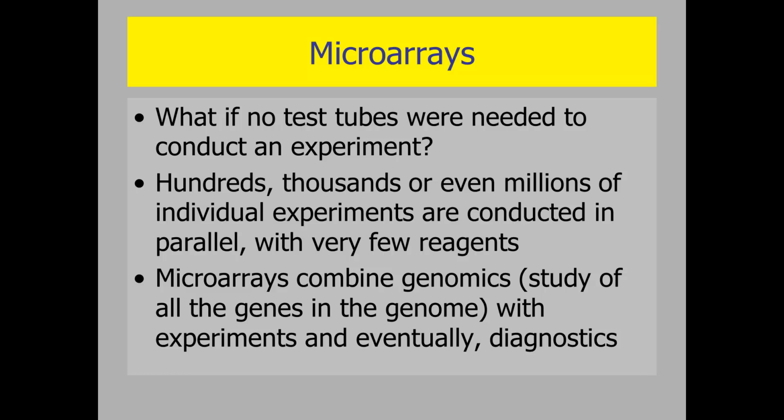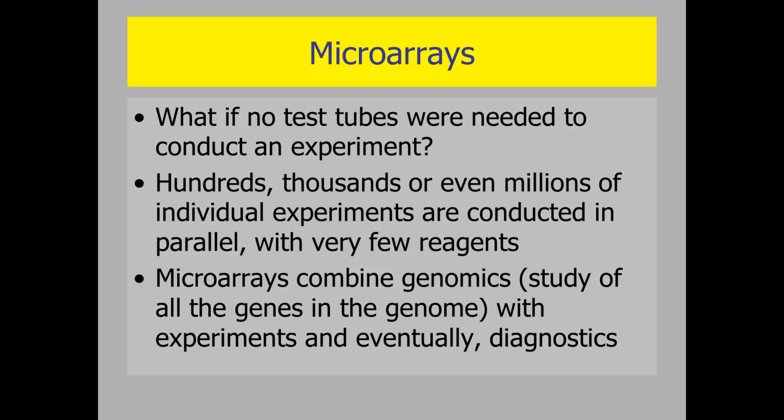One of the tools that has been developed in order to identify novel ways to rapidly screen in an in vitro assay has been microarrays. The idea of a microarray is: what if you could conduct hundreds, thousands, or even millions of experiments in parallel with very few reagents, using no test tubes, just working in very small amounts, and then have a very sensitive assay that you could use to detect binding.